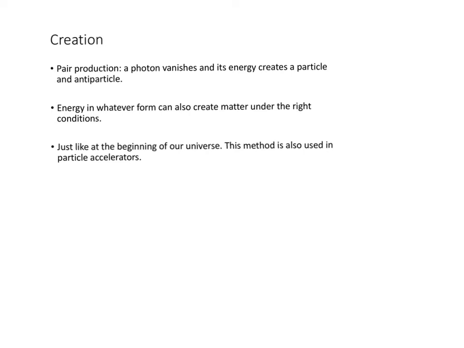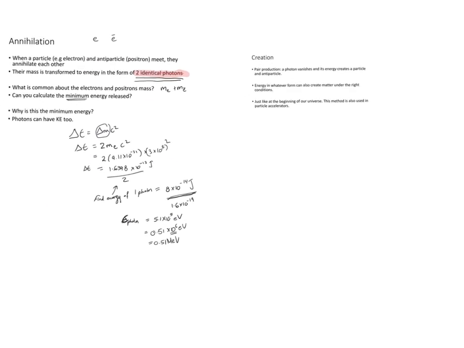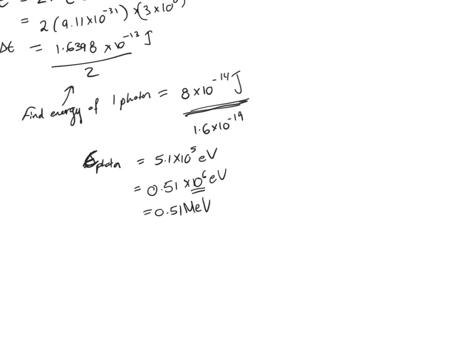Now, you should be able to also calculate the energy of a photon that can create an electron-positron pair. We already calculated in the previous part that each photon in the annihilation process gets 0.51 mega electron volts of minimum energy, because we're considering that the electron and the positron have a rest mass and they're at rest.